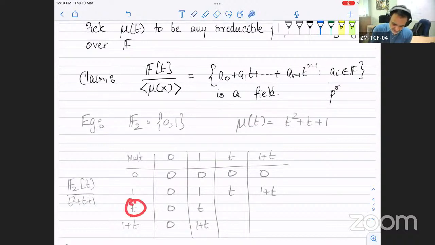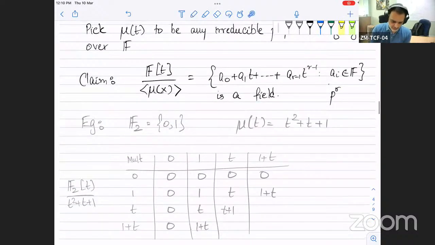So what happens when I multiply t and t? I get t squared, but I'm supposed to replace it with minus t minus 1. But in F2 there is no difference between plus 1 and minus 1, so what you end up getting here is t plus 1. If you look at t times 1 plus t, you get t squared plus t, which has to be equal to 1.